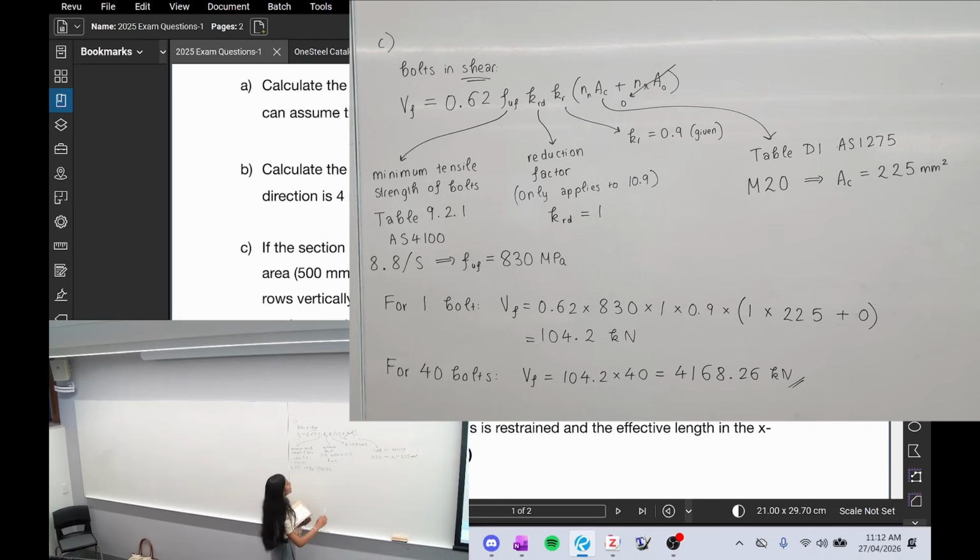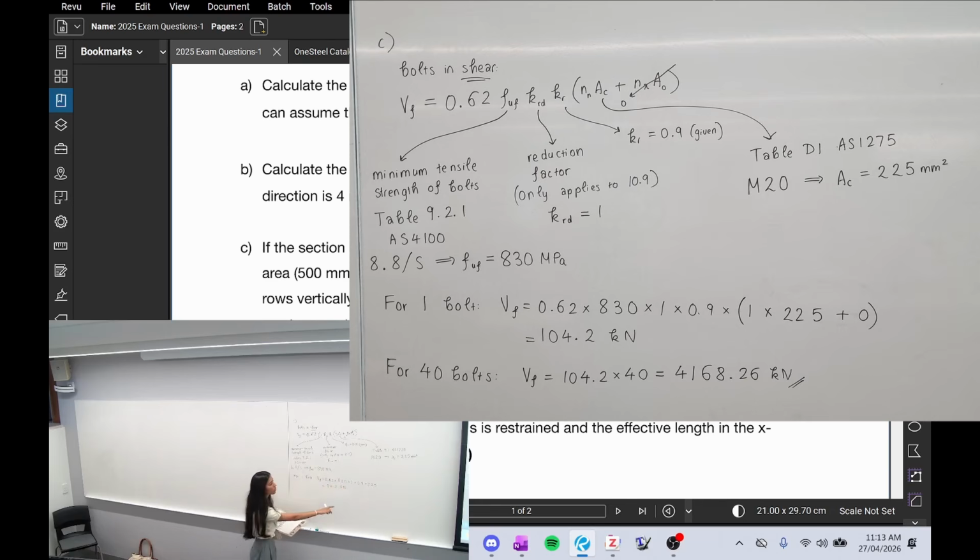So now we've got everything in this formula. Let's find the force for 1 bolt. So for 1 bolt, that will be 0.62 times 830 times 1 times 0.9 times 225. And that should give you 104.2 kilonewtons.